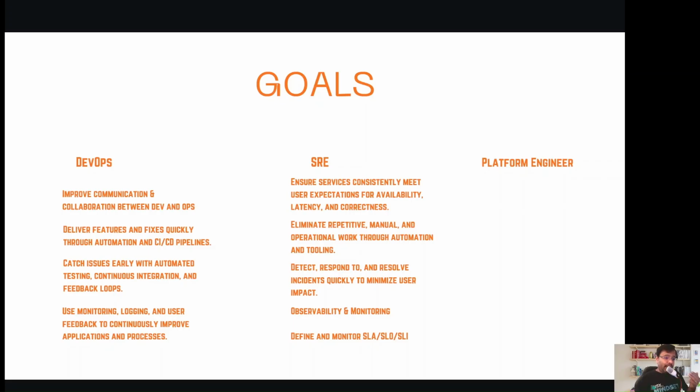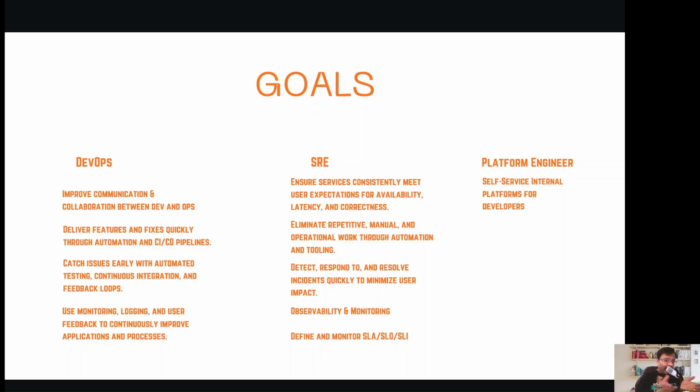Now, what is the platform engineer's goal? Their goal is to develop internal platforms for the developers, which can be self-service platforms. So tomorrow, if I want to check in code into GitLab, and I have a self-service for that, rather than executing git add, git commit, git push, etc., I will have a portal where I can go and say, this is the code, please go ahead and do the check-in into Git.